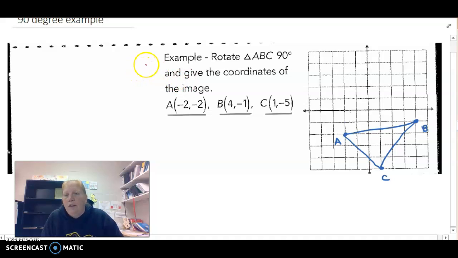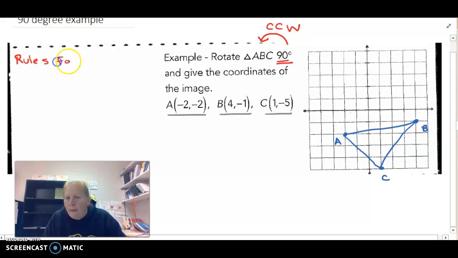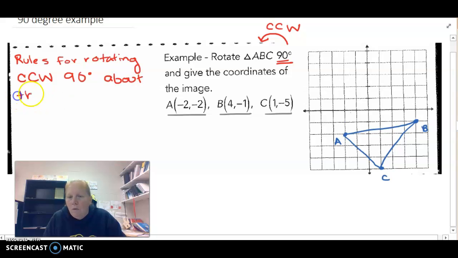All right, so now that you have each one of these plotted, hopefully, we're going to write rules for the 90 degree, 180 degree, and 270, and then we're going to do an example of utilizing those rules and replotting this. So this is for 90 degrees. And remember, when we talk about rotating, we're talking about going counterclockwise. So don't forget that. So I'm going to write rules for rotating counterclockwise 90 degrees about the origin.